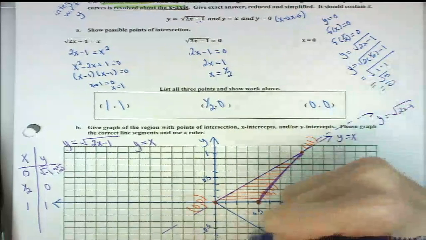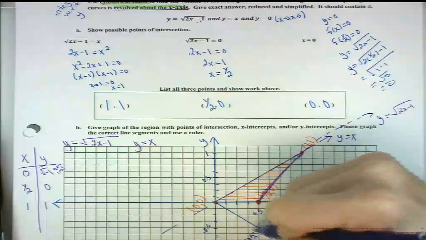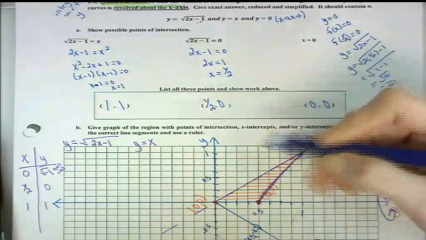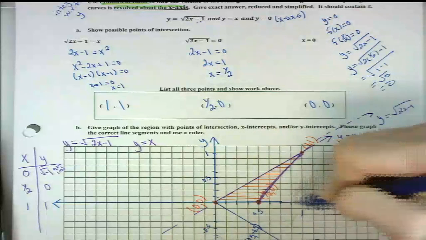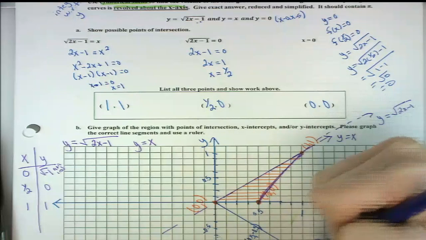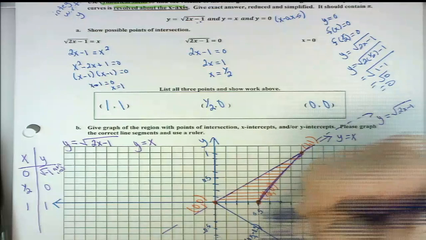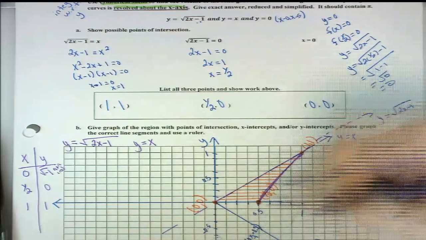Here's the point, 0.5, negative 1, 0.5, negative 0.5.